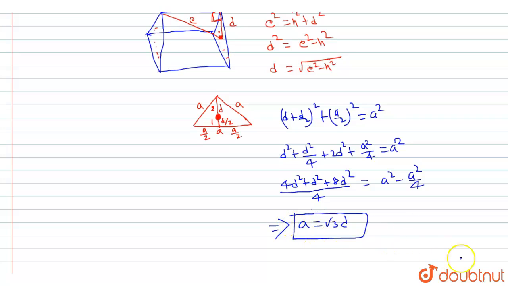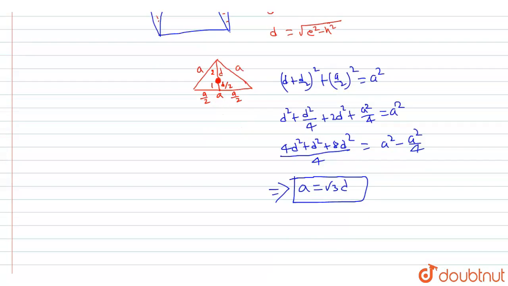Clear? Now, area of the equilateral triangle, as we know, area is equal to √3/4 times a². And a is this, so √3/4 a², a² means (√3 d)².